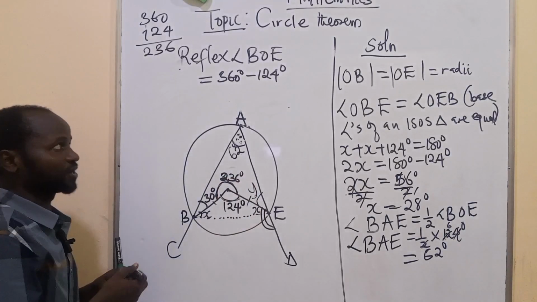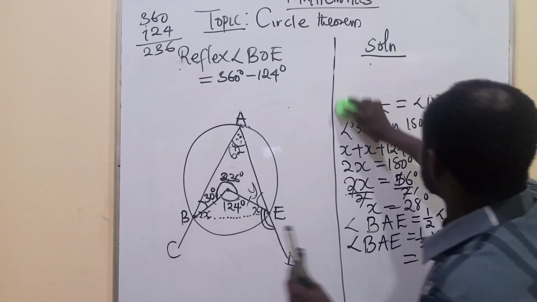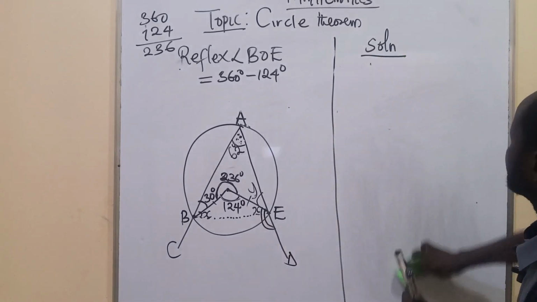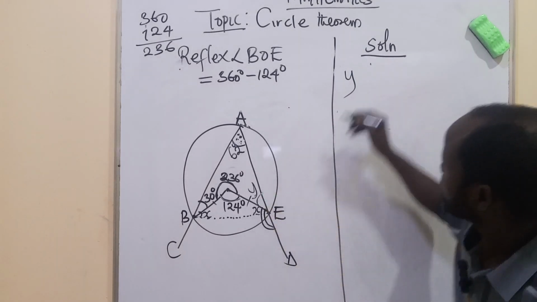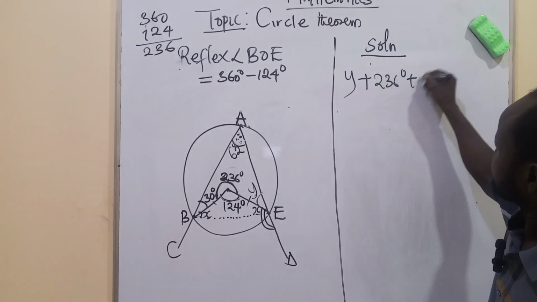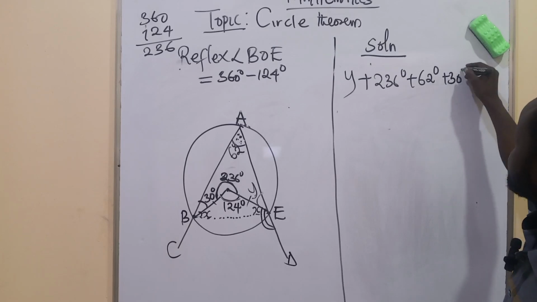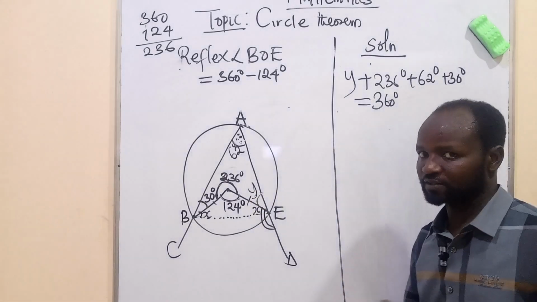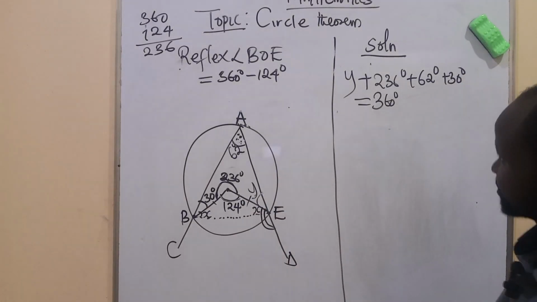So I can easily find y now. Let me move here to achieve that. Let me clean here. To find y now, let this angle here be y, plus 236 degrees plus 62 degrees plus 30 degrees will be equal to 360 degrees, because this kite shape is a family of quadrilateral, and sum of angles in a quadrilateral sum up to 360 degrees.